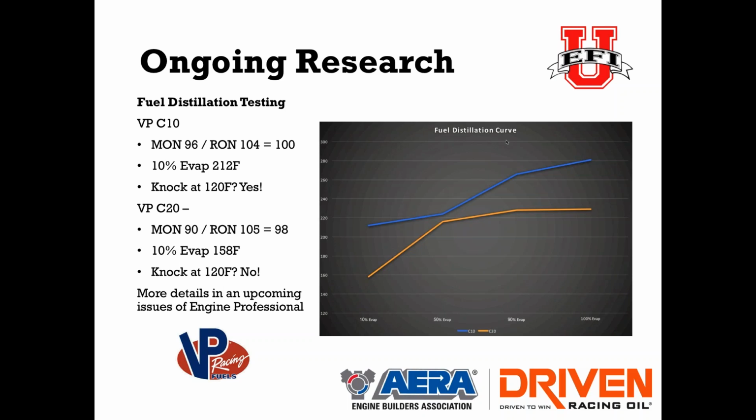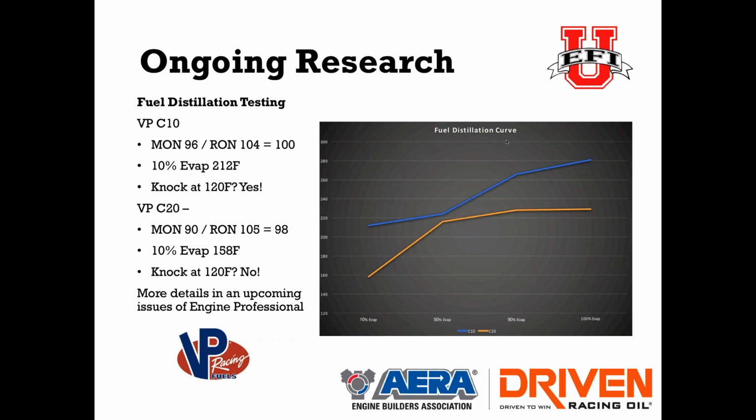You can tell that both of these fuels have RON versus MON right around typical octane. The C10 is 100 and the C20 is 98. The key thing to look at here is 10% evaporation of the fuel is at 212 degrees for the C10. 10% of the fuel is evaporated at 158 degrees for the C20.